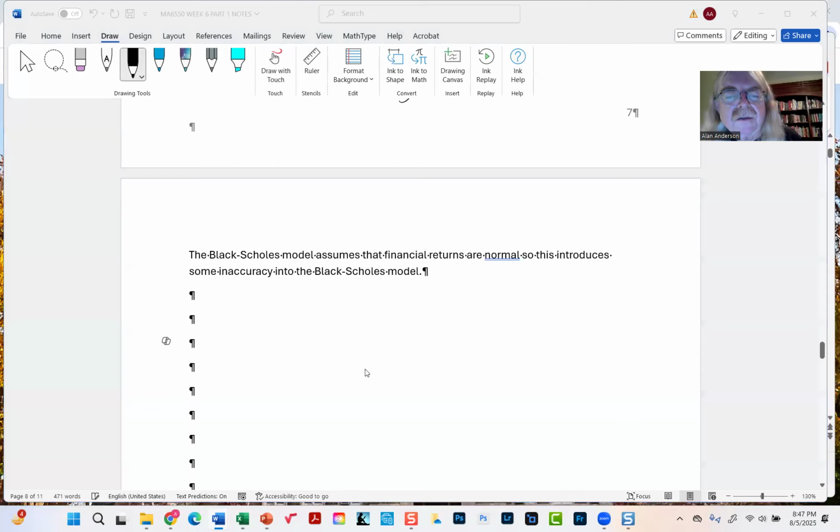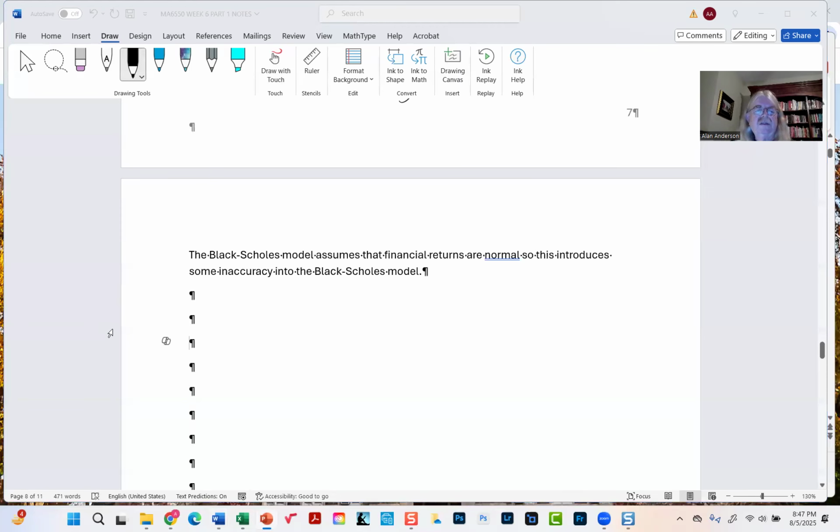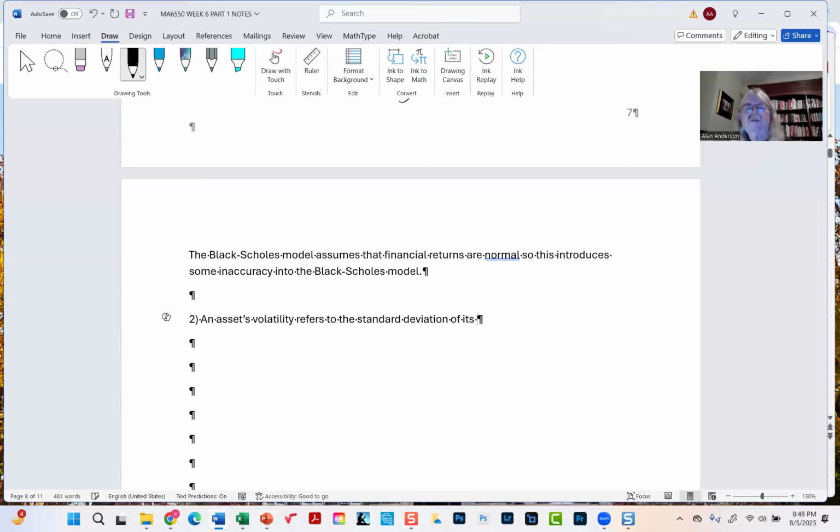Now, the next thing that it assumes is volatility. The volatility in an asset, as I've already mentioned, can be thought of as the standard deviation of its returns. In assets, volatility refers to the standard deviation of its returns over time.